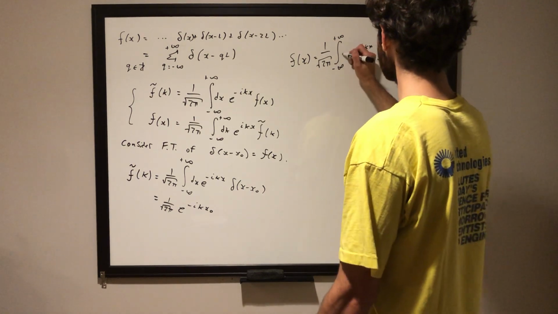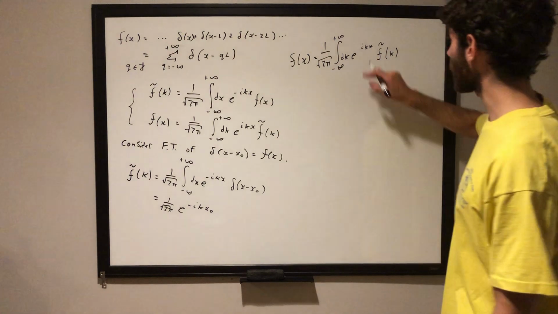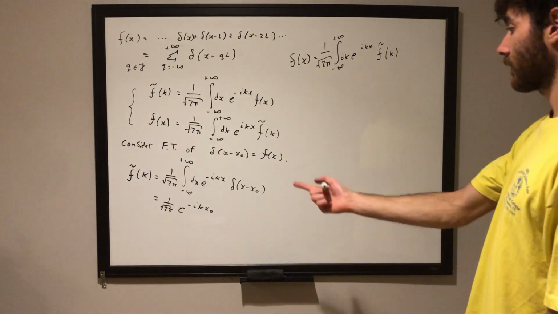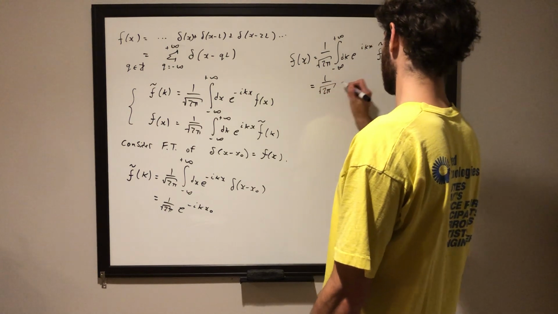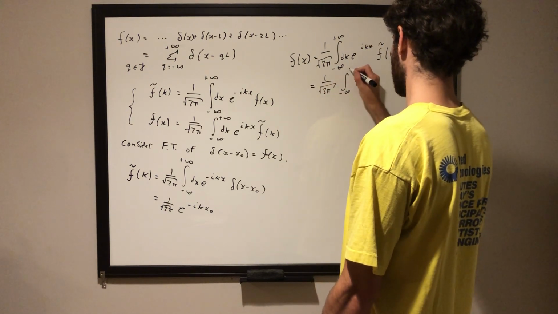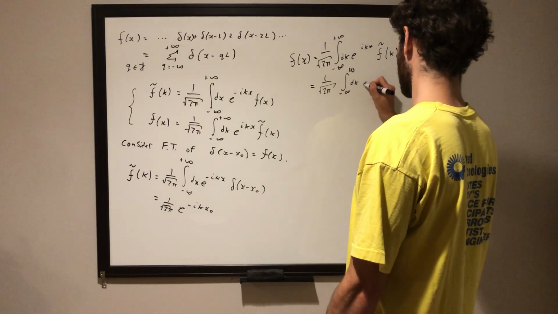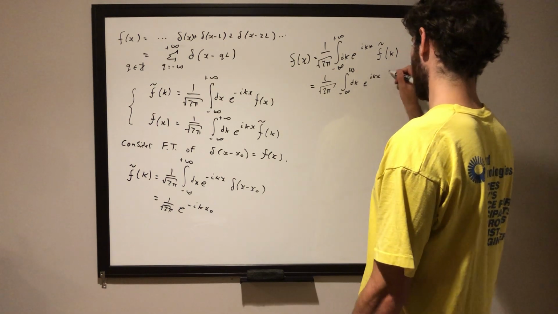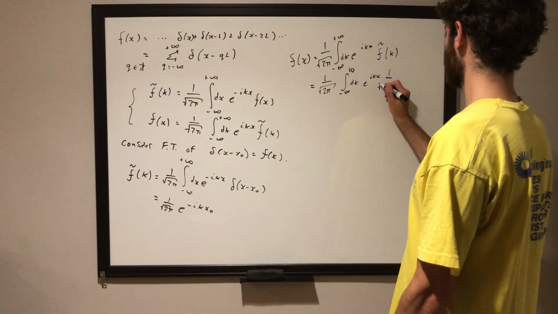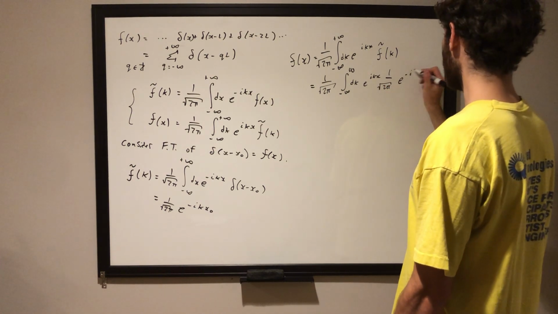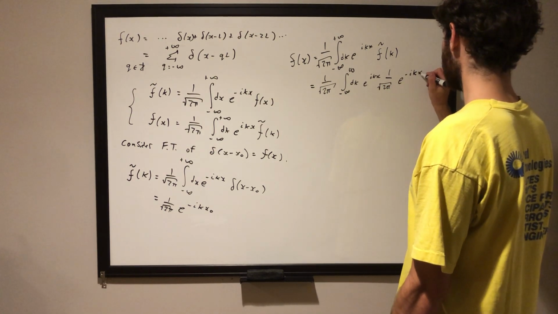Sorry, this is a mess. dk e to the i k x. So substituting that in, we have 1 over 2 pi, e to the minus i k x naught.